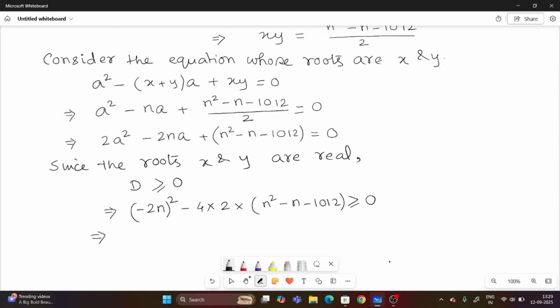Now calculate and simplify. 4n square minus 8n square plus 8n plus 8096 greater than or equal to 0.